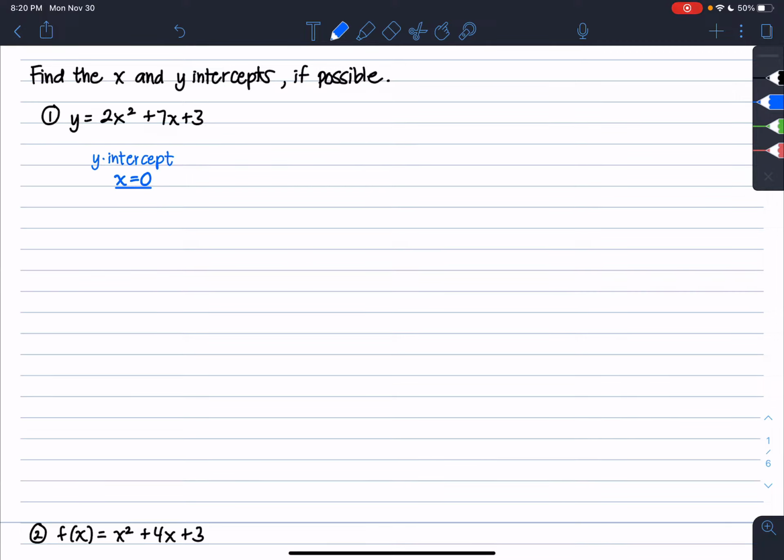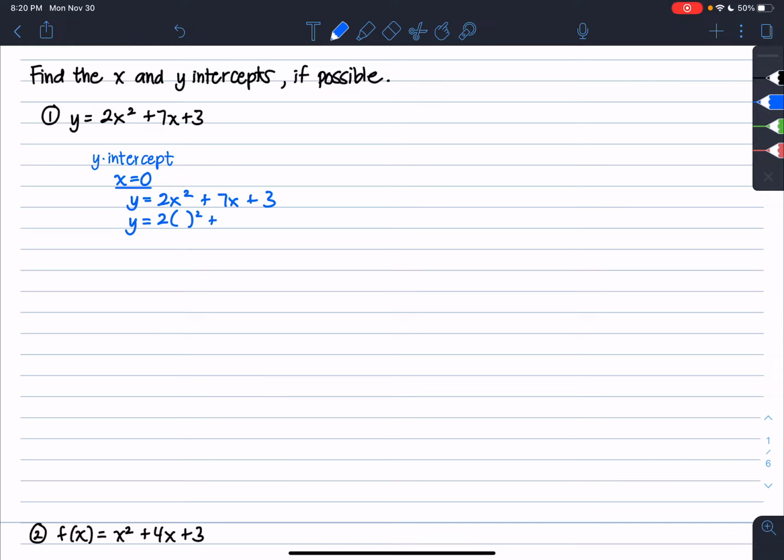I'm first going to rewrite the problem. So we get y equals 2x squared plus 7x plus 3. Now I'm going to plug in 0 everywhere I see x. It's almost like if I were to replace x with a set of parentheses.